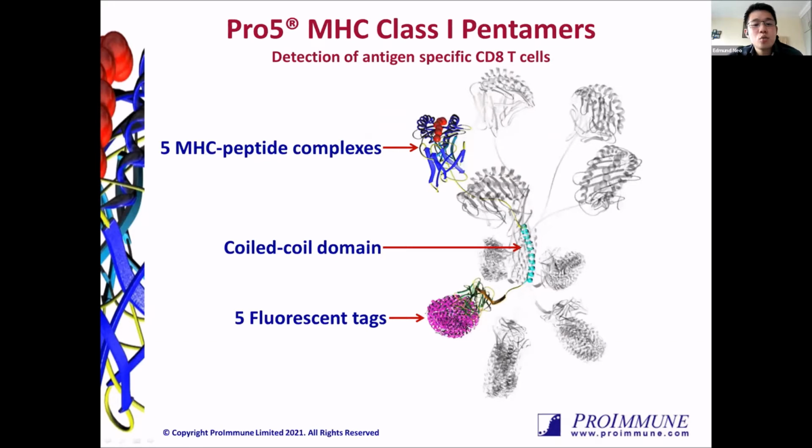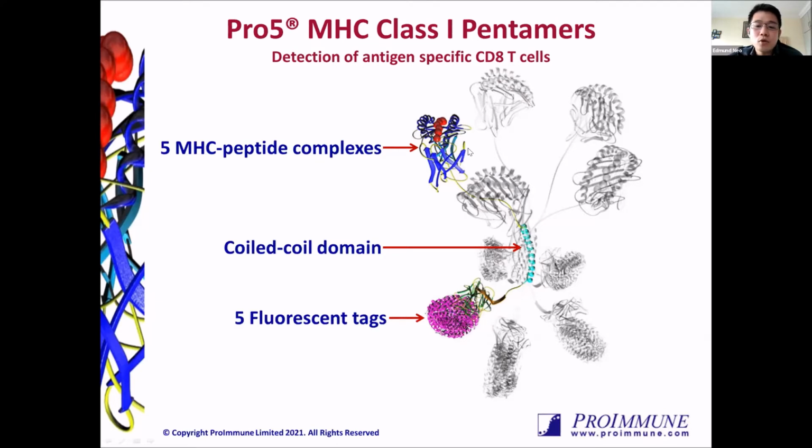Now with that, the next question is, how can we detect the antigen-specific T cell population? You can do so by deploying our Pro5 MHC class 1 Pentamers to detect antigen-specific CD8 T cells. Let me explain the beautiful design of our Pentamers, which consist of 5 MHC peptide complexes that are pentamerized and assembled through a coiled-coil domain.